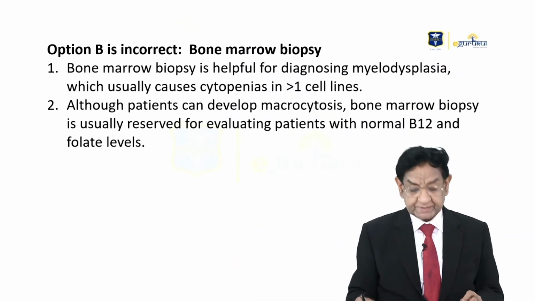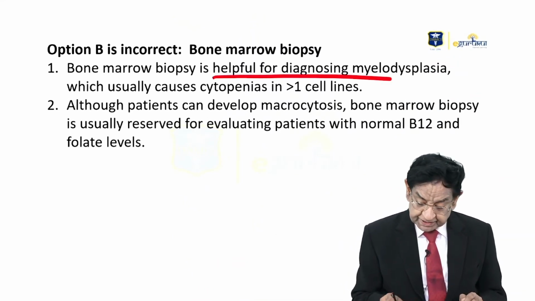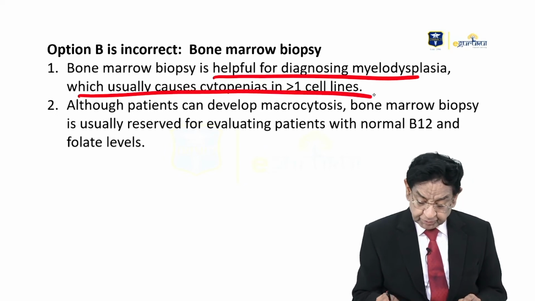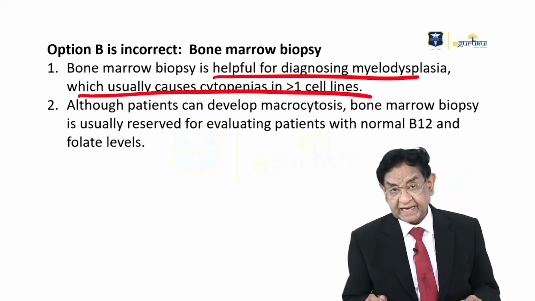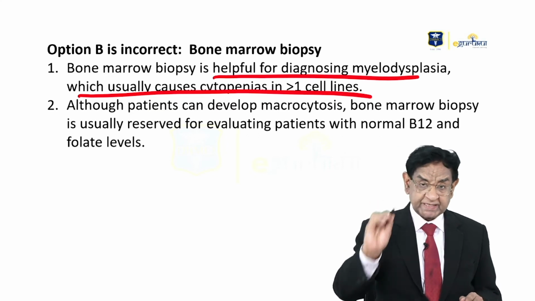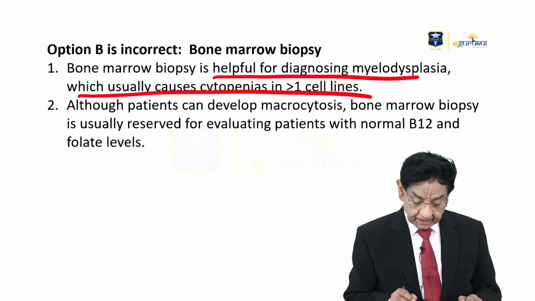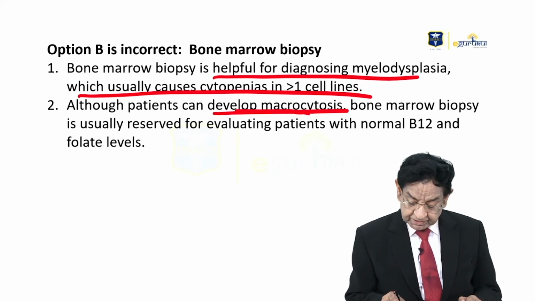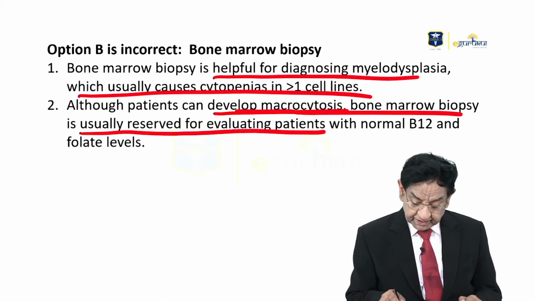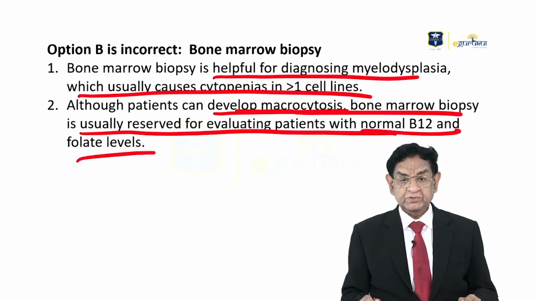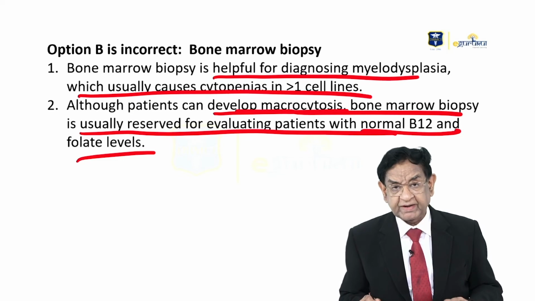Bone marrow biopsy is helpful in diagnosing myelodysplasia, which usually causes cytopenia in more than one cell lineage. Here only the RBC count is reduced. TLC and platelet counts are in the normal range. Although patients can develop macrocytosis, bone marrow biopsy is usually reserved for evaluating patients with normal B12 and folic acid levels. So in these cases, we first check B12 and folic acid.